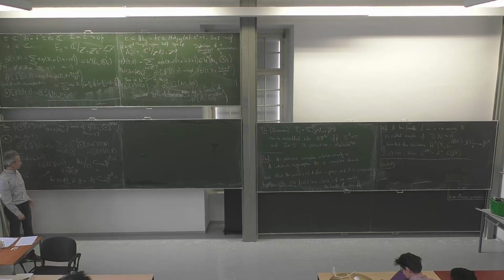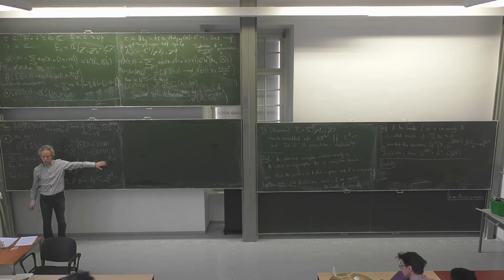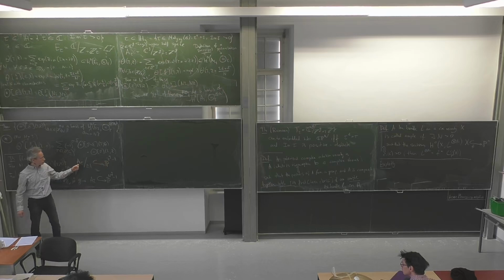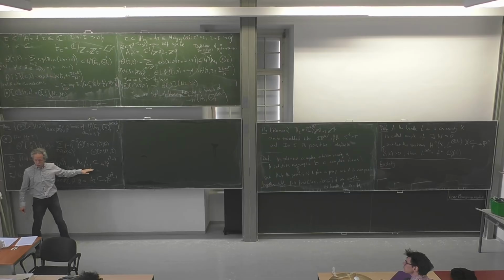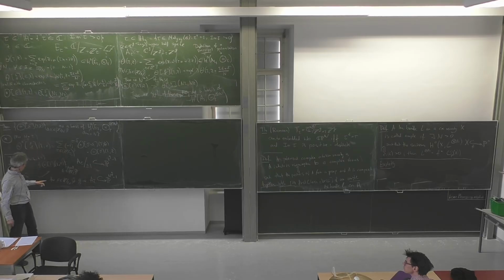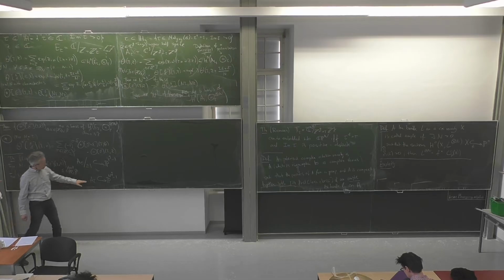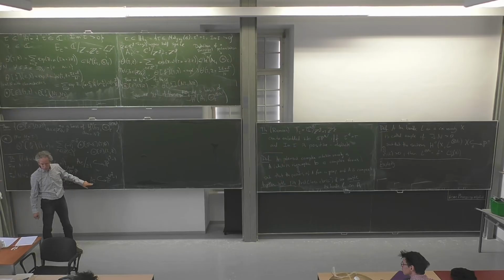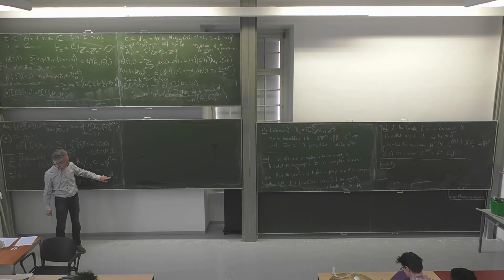So for an elliptic curve, for genus 1 Riemann surface, the two thetas here gave a degree 2 map to P1, right? Which I'm now interpreting as an embedding, actually, an isomorphism in this case, of an elliptic curve quotient by plus minus 1 with P1. And then I told you that for higher n, I told you about n equals 3, that I get an embedding of an elliptic curve, a genus 1 Riemann surface, into P to the 3 minus 1, which is P2.